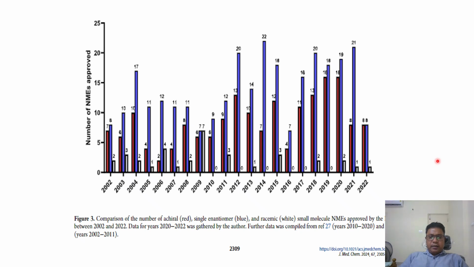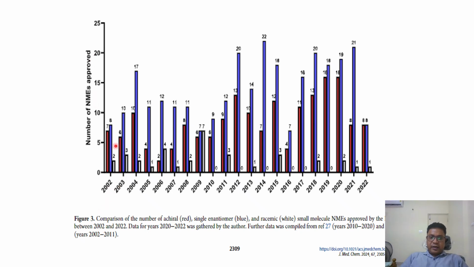If we look at the recent graph, this data is taken from the Journal of Medicinal Chemistry, published in 2024, and they have collected all the data from 2002 to 2022. We can see the number of new molecular entities that appeared in the market.